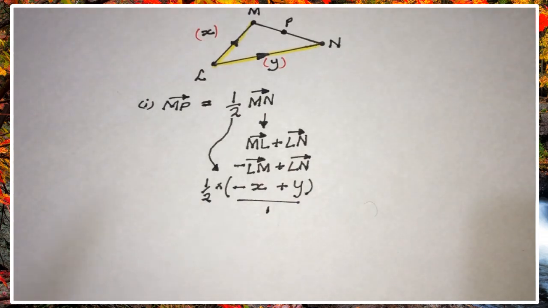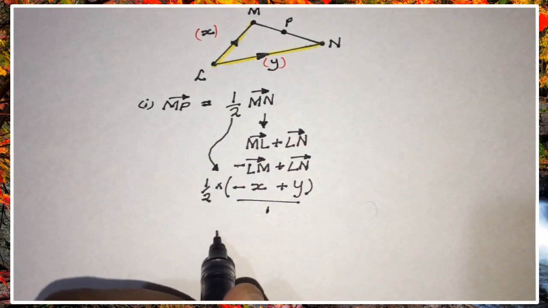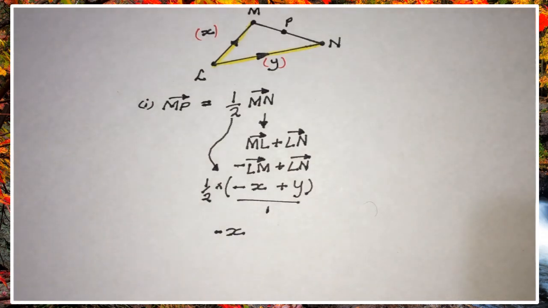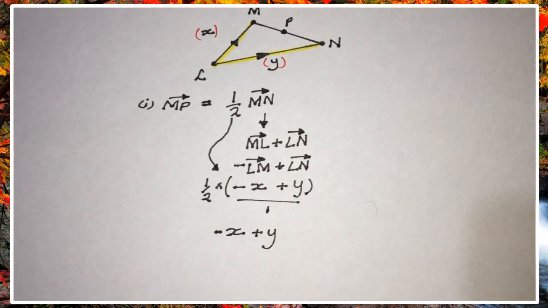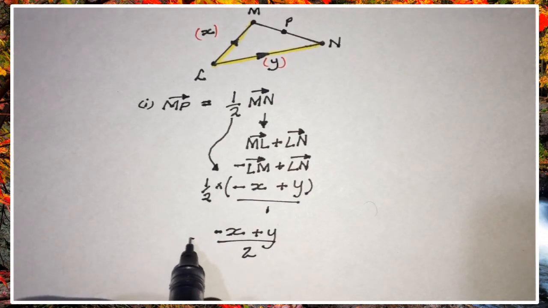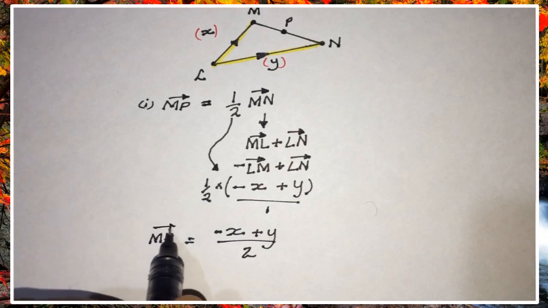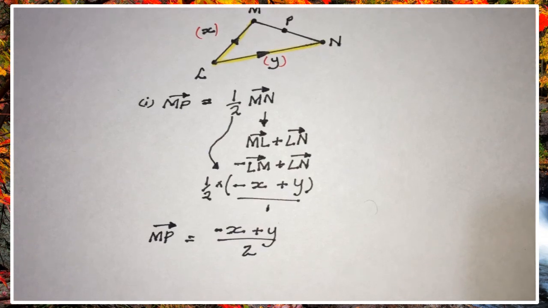Now I could just multiply the numerators and the denominators. So 1 times this negative X is going to give us negative X, and 1 times the Y will give us a positive Y. See that? And then 2 times 1 will give us just 2 in the denominator. Good. So the vector M to P is going to be negative X plus Y divided by 2.